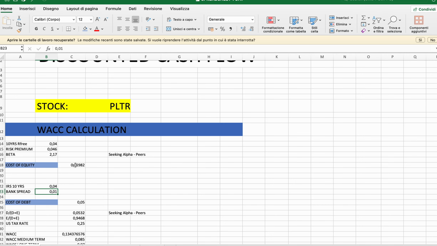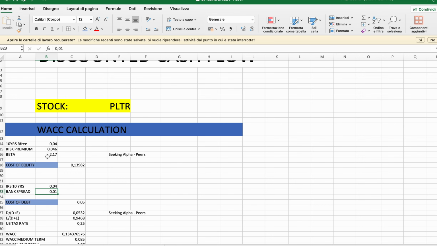For the cost of equity, I've taken the interest rate swap, that right now at the time of this recording is around 4%, and the risk premium I've taken from Aswath Damodaran's spreadsheet, and for this year it was 4.6% for the US.